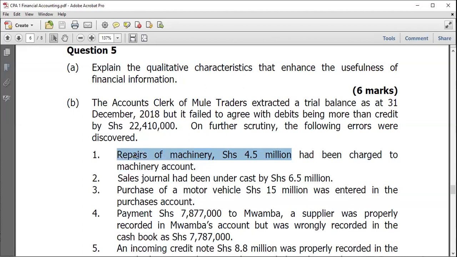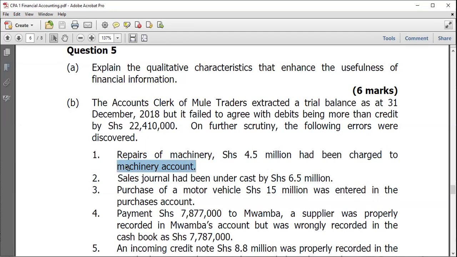If somebody says repair of machinery worth 4.5, you know very well that repairs should be charged to the repairs account because repairs are expenses. So they should be charged to the repair expenses account, not the asset account.